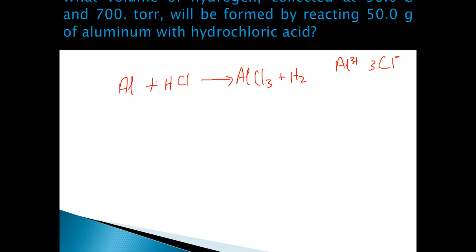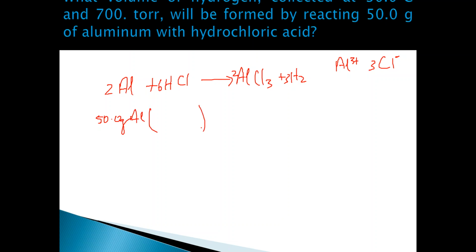All right, and then we have to balance the equation. So to balance this, we're going to need a 6 here, a 3 here, a 2 here, and a 2 here. All right, so that's what we have to start off with before we can do anything else. Okay, so the question says that we are reacting 50.0 grams of aluminum with HCl.